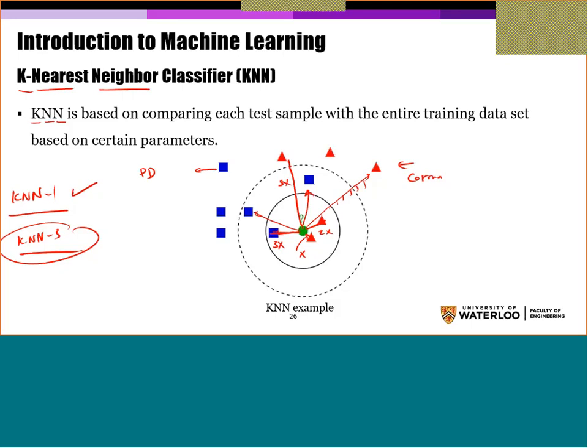Now I will take the distance between this one and the closest three from the other class. So this is 2x, this is 3x, and this is maybe 4x. So we add them and see which class is closest to the new point. And this is KNN5.